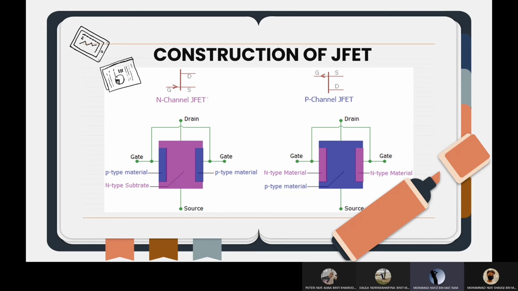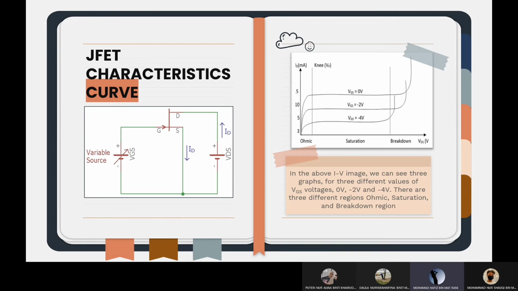Hence, the circuit behaves like a DC voltage VDS applied across a resistance RDS. The resulting current is the drain current ID. If VDS increases, ID increases proportionally. This is the JFET characteristic.